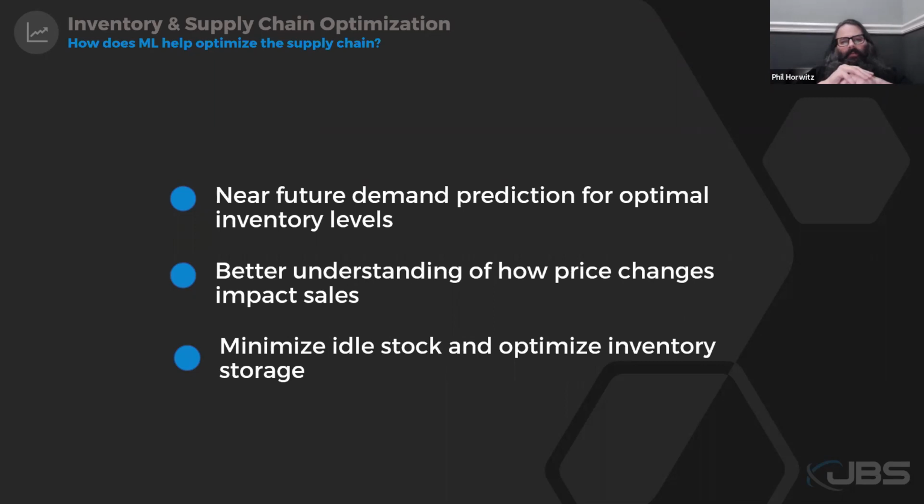So before I dive into some of the benefits that we get from ML solutions in this area, I do want to briefly talk about some of the drawbacks of more traditional methods. There's a few. First, as Joe mentioned, most traditional inventory methods are rules-based.